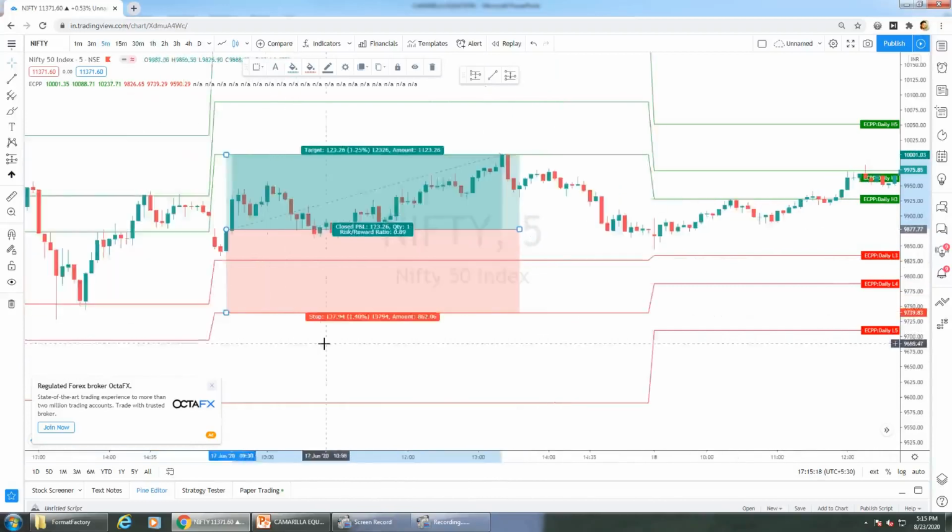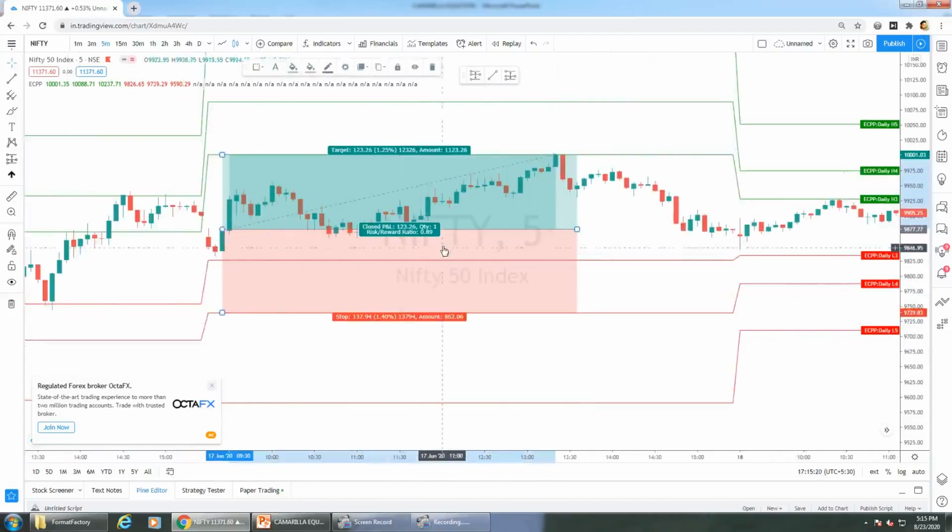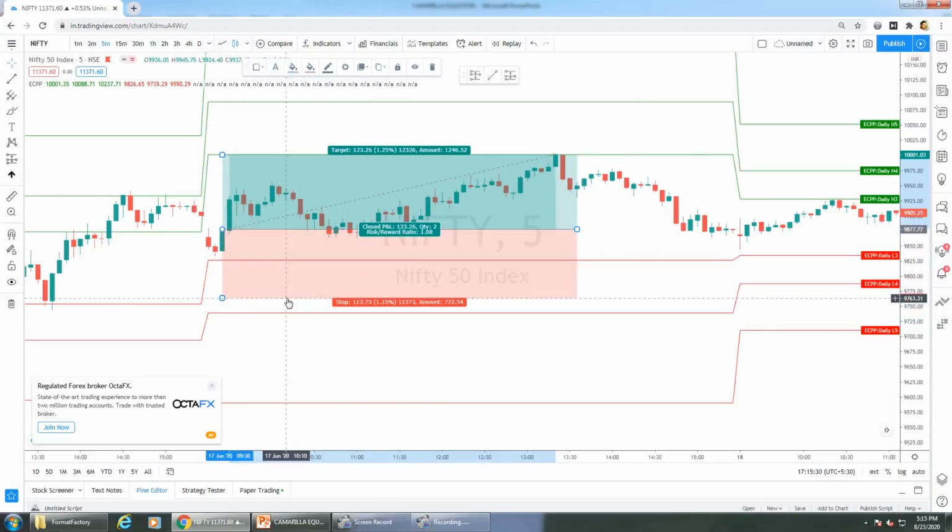Still, if you see here, my risk-reward ratio is not even 1:1. It is below 1:1. So what I can do is reduce this stop loss to make it 1:1, because it is not always mandatory to have the stop loss at this resistance or support point. You can still reduce it when you have a bigger area of support zones.